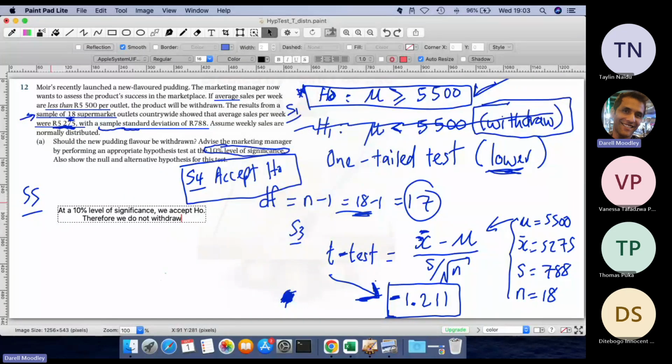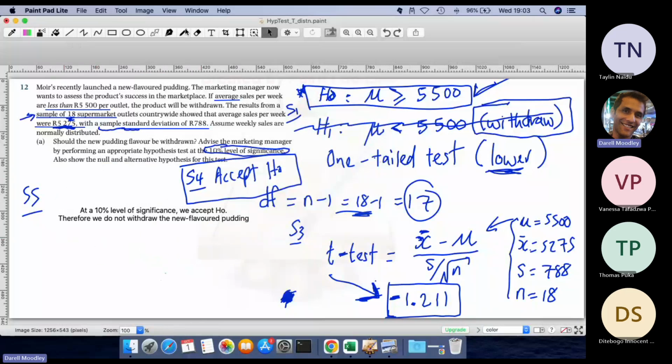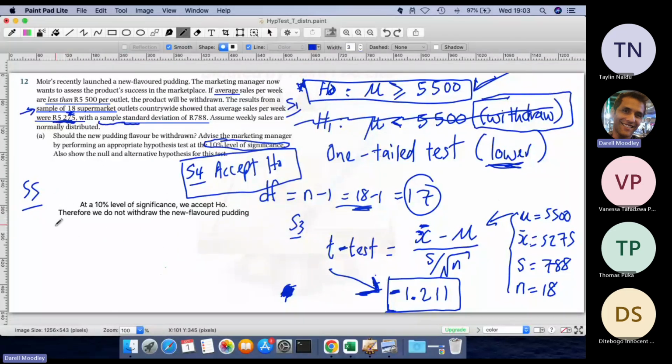Either way, same thing. Or we could be more specific because the question is talking about the pudding, so we would say do not withdraw the new flavored pudding. That is how you would answer step 5.